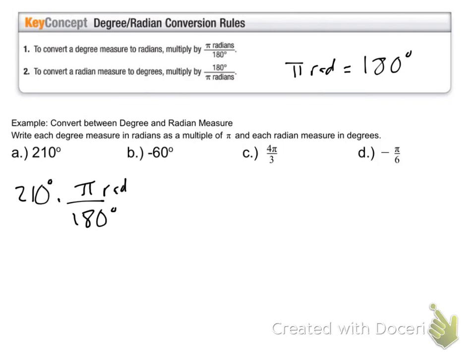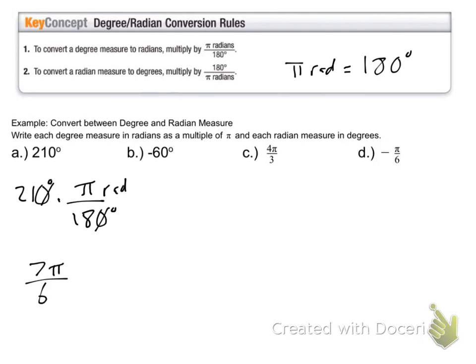What can we do? Divide, reduce, right? Technically, I could cancel out a 0 right away. What else can I divide that number by? Top and bottom? 3. So that'd be 7 pi over 6.